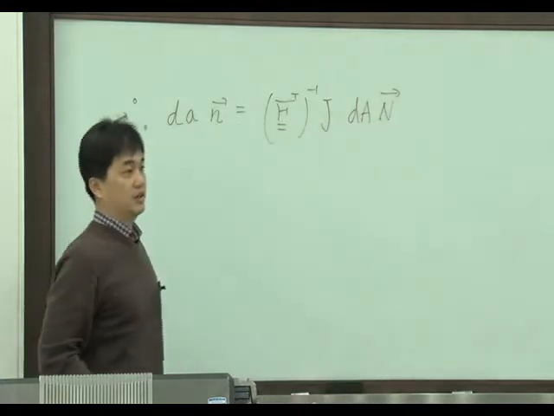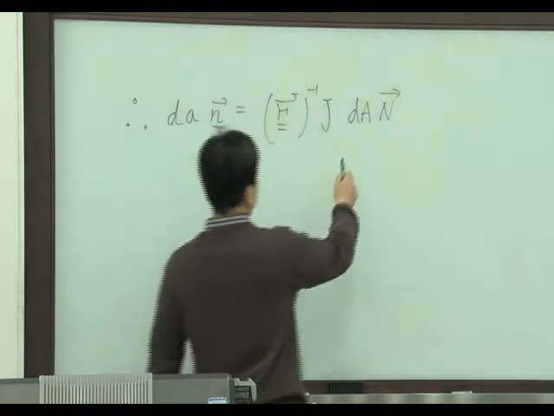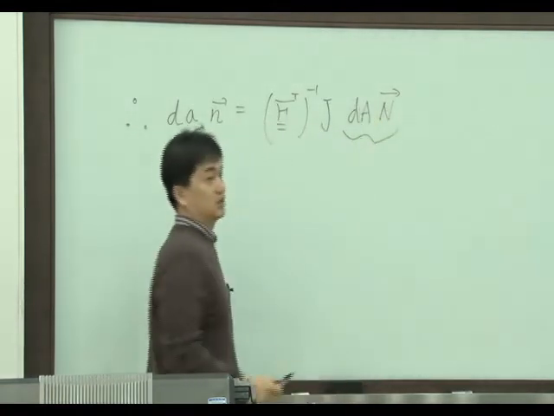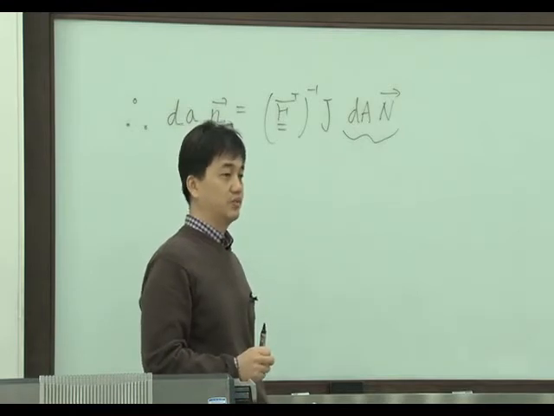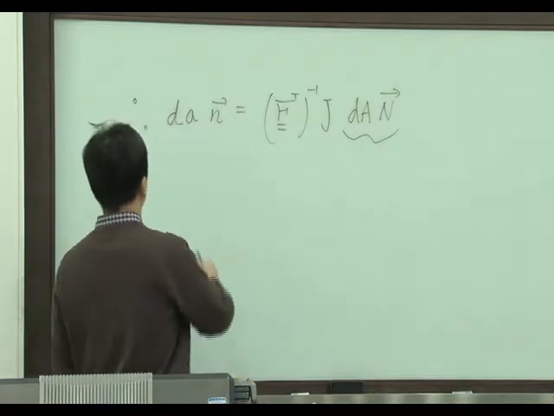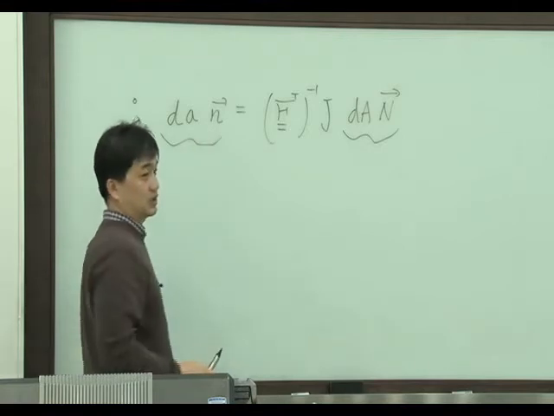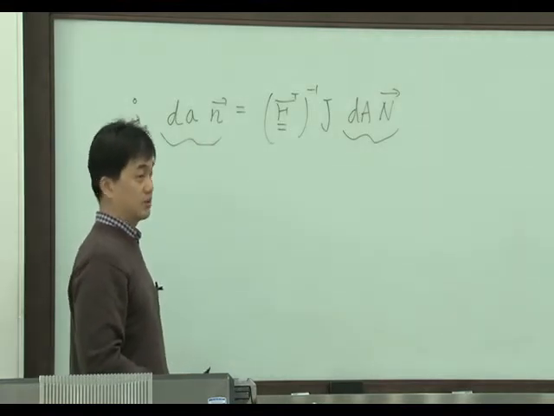Okay, this is our final result. What's this? This is a surface vector at initial configuration. This is the surface vector at current configuration.